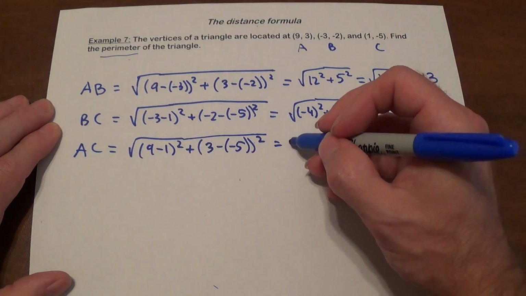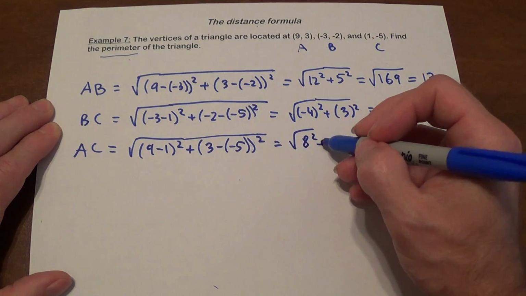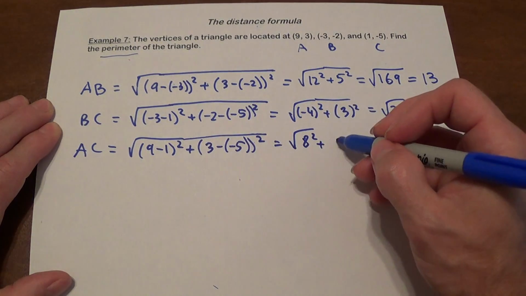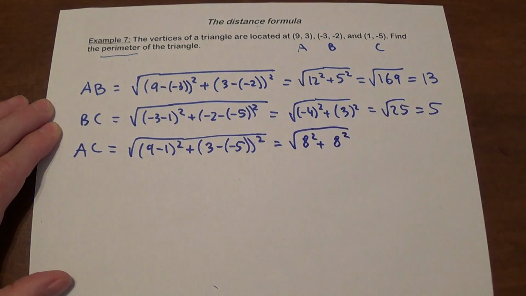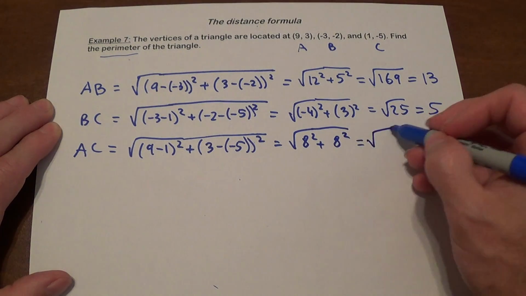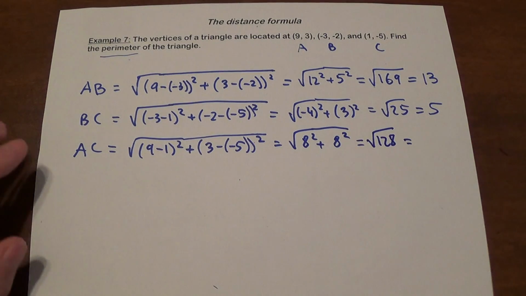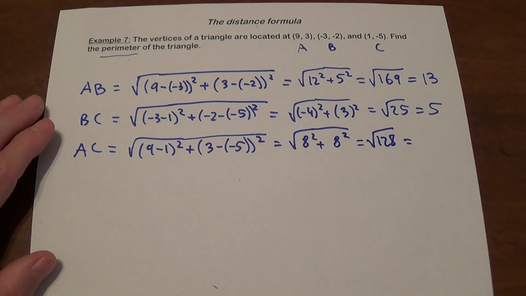So what do we have here? We're going to have 8 squared plus this is going to be also 8 squared, right? And that's going to give us the square root of 64 plus 64, the square root of 128. That's not a perfect square, but I'm going to keep it like that for now.